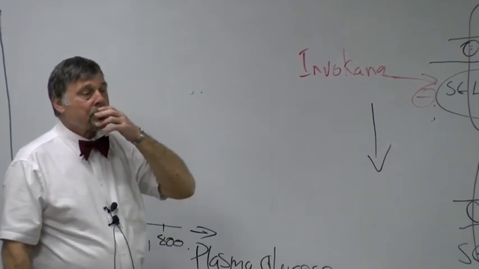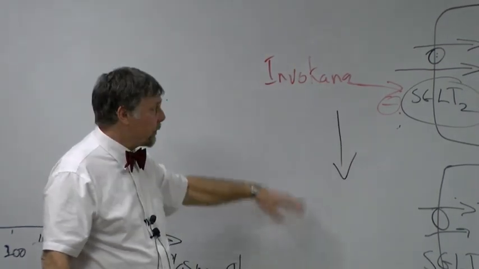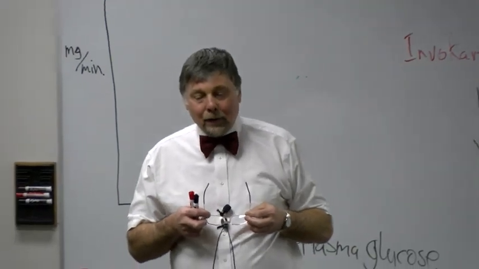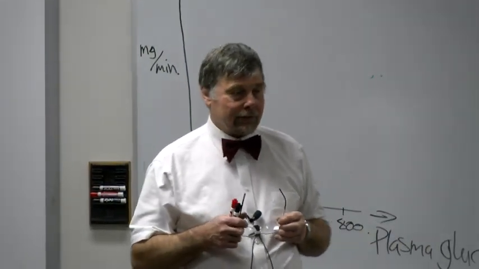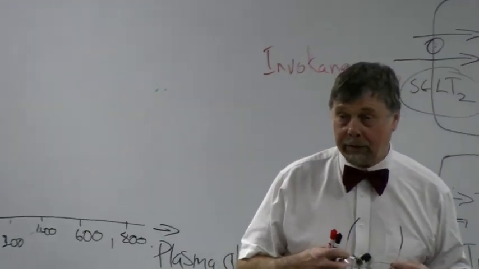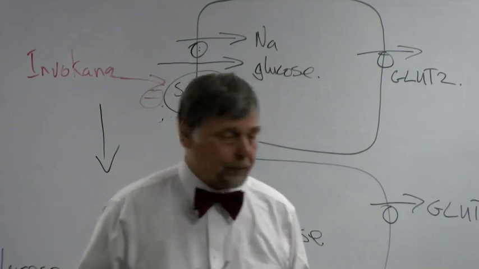Okay? So it works. It basically makes you pee out more glucose and reduces the hyperglycemia. What is interesting is it's also got probably a lot of other benefits too. And so it could potentially be a miracle drug.